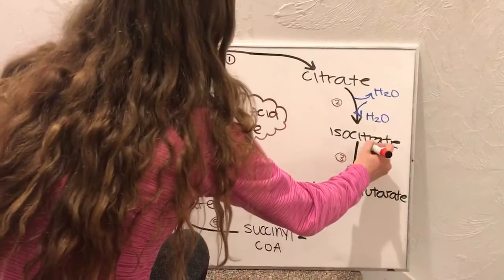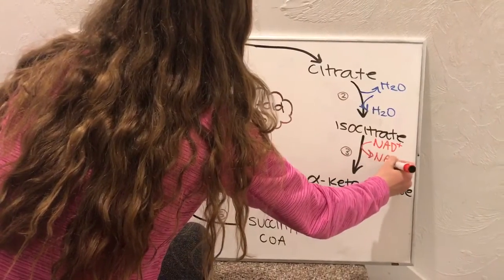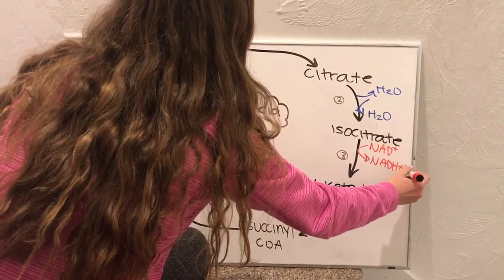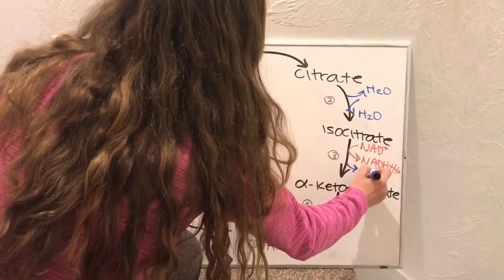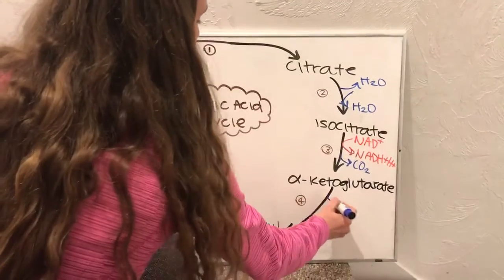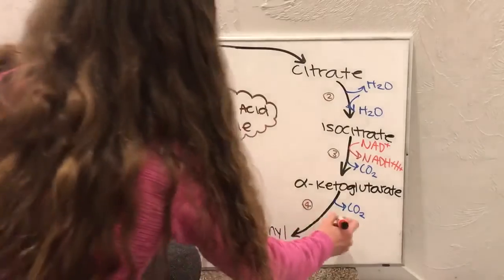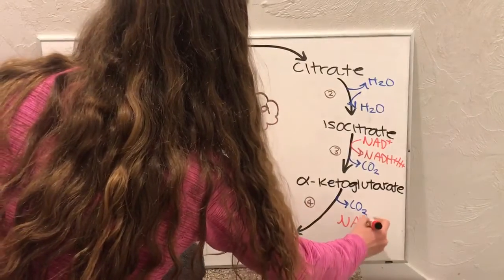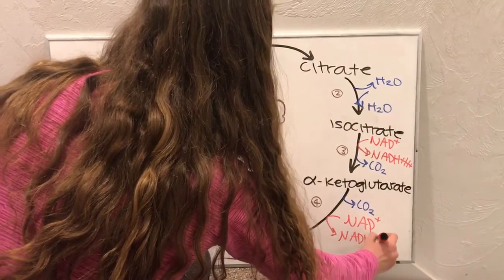Isocitrate is oxidized, reducing NAD+ to NADH. Also, a carbon dioxide molecule is lost. Another carbon dioxide molecule is lost, and that resulting compound is oxidized, reducing NAD+, again, to NADH.